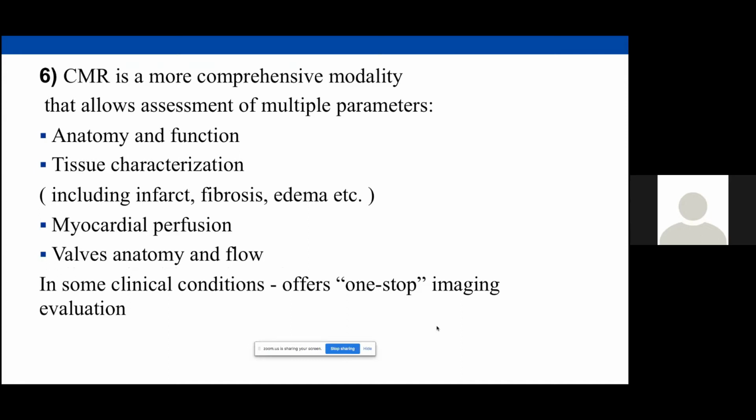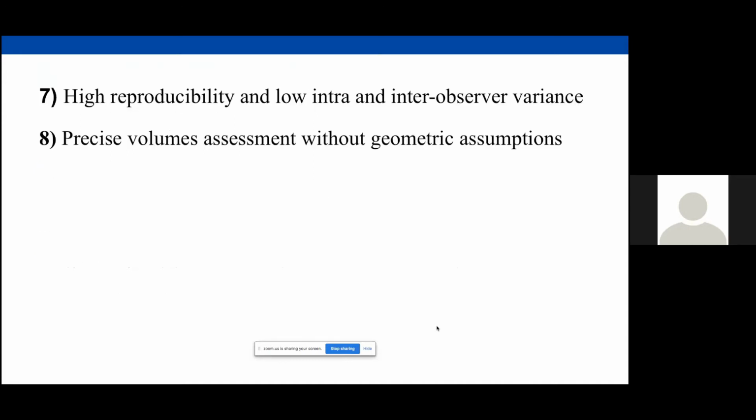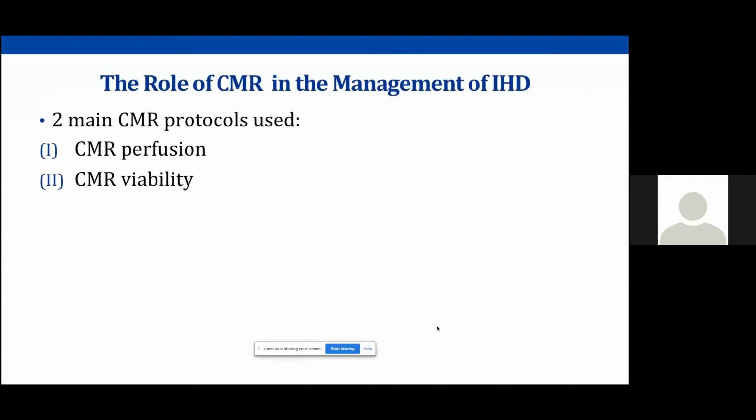In some conditions, CMR can offer one-stop imaging evaluation. It also has high reproducibility and low intra- and inter-observer variability, and it can assess volumes without any geometric assumption.